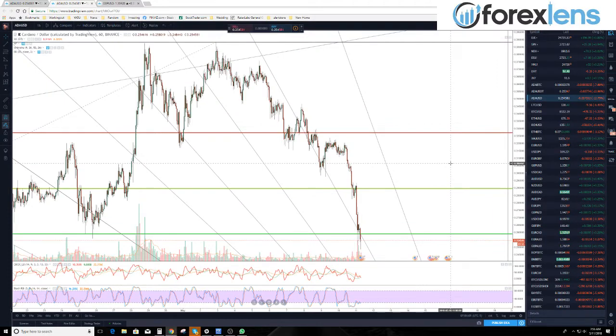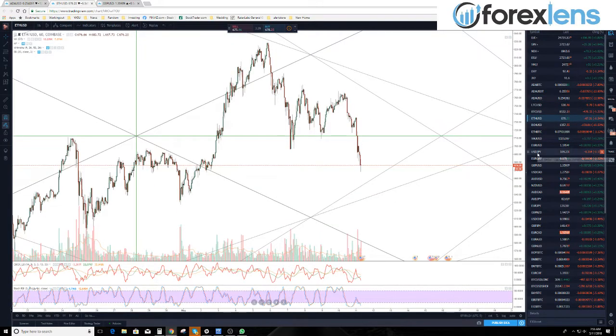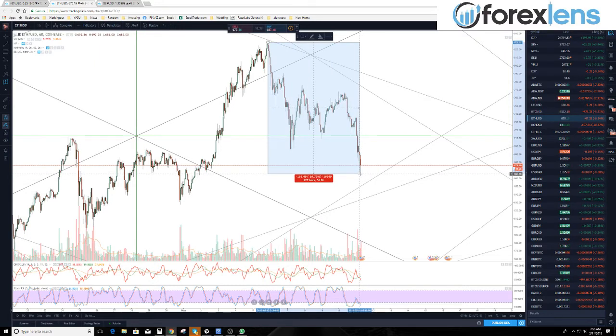Let's see, where else are we at now? Ethereum has had, I thought Ethereum would have a bigger drive down because it's been kind of a leader over the last, it's down 20%.